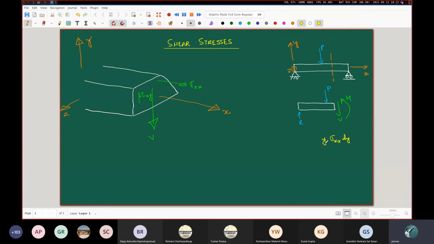This y is the moment arm, and when you add up all such moment contributions over the entire cross section, the thing that you will get will be equal to minus M. This was from the previous chapter. All this I'm writing is in the rough column, just to remind you of what we discussed in the previous chapters.